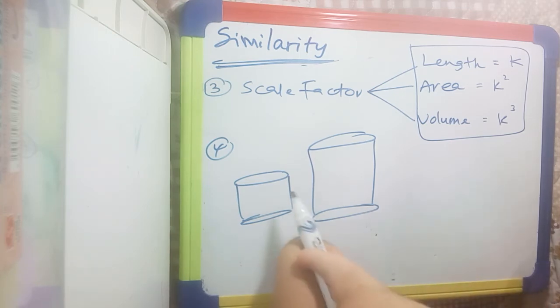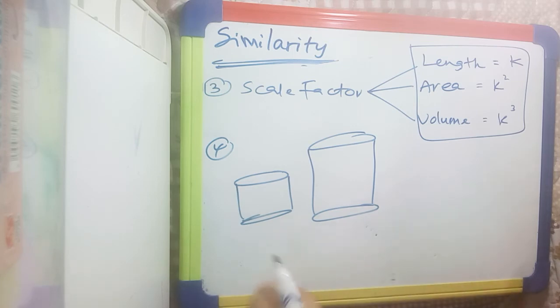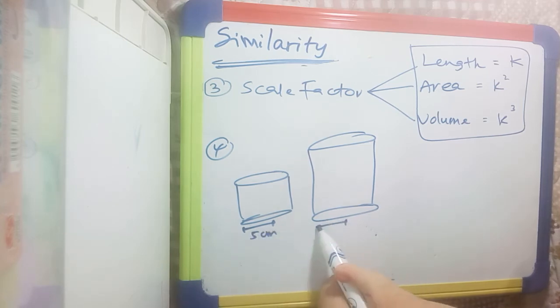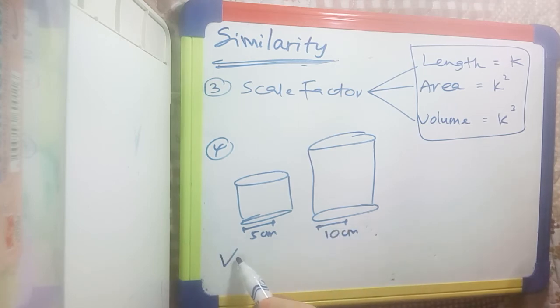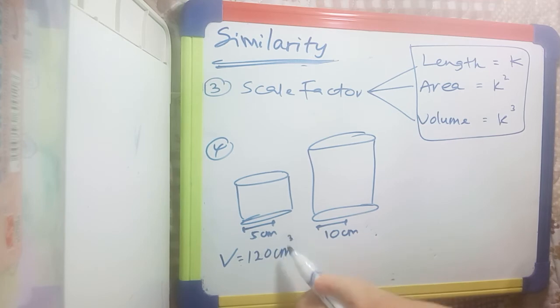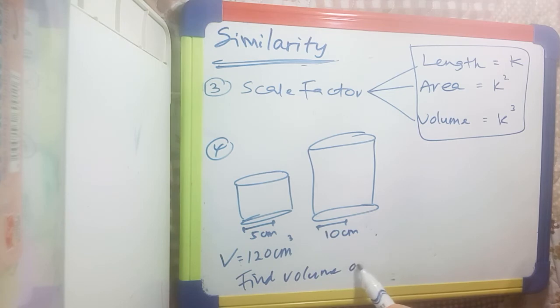Let's say the radius of the small is 5, the radius of the big is 10, and the volume of the small is given as 120 cm cube. Then the question: find the volume of the big cylinder.